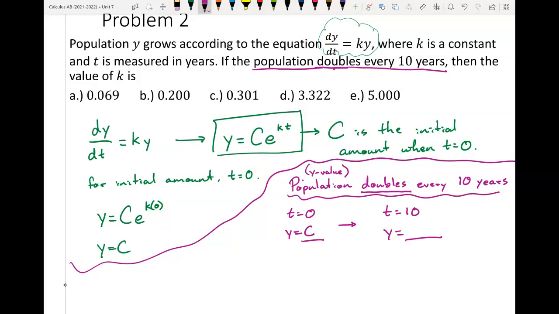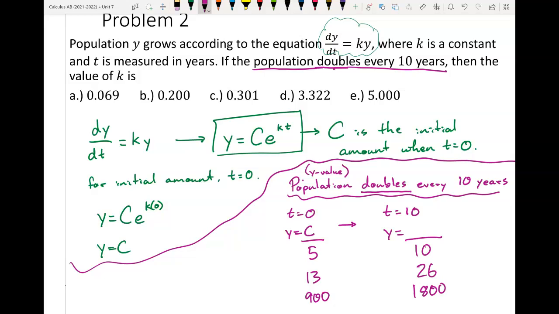So let's say c was 5. What would it be in 10 years? 10. What if c was equal to 13? What would it be in 10 years? What if c was equal to 900? What would it be in 10 years? So what are we doing to our c? Multiplying it by 2. It's doubling.